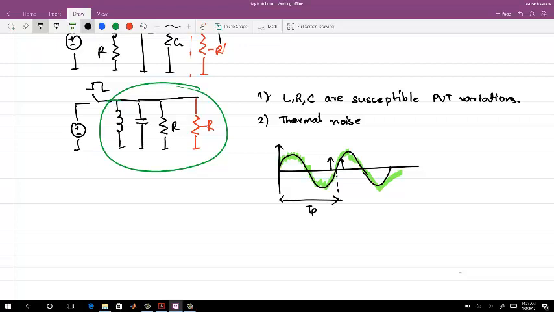As the noise is there, the instant of crossing changes, so your time period changes. That means you are not having the same clock. An ideal clock should always, in absolute time, count at the same interval. Because of the noise, you are not counting at the same interval, so your reference period changes, and the frequency changes.